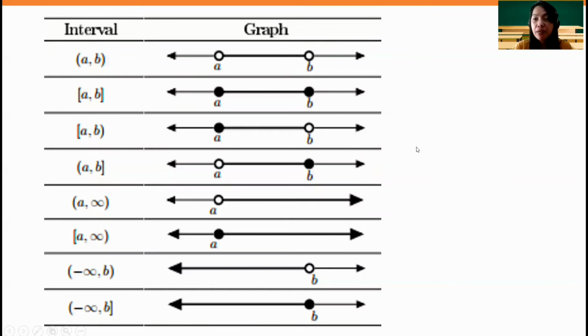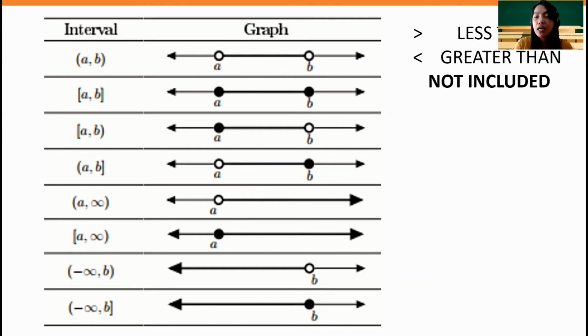Sa pag-graph ng mga critical numbers sa number line, ang kailangan mong tandaan na kapag ang mga sign na less than o greater than ang lumabas sa given rational inequality, ibig sabihin, ang mga critical numbers ay hindi included sa solution set.